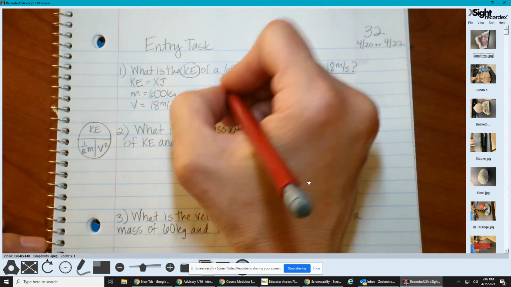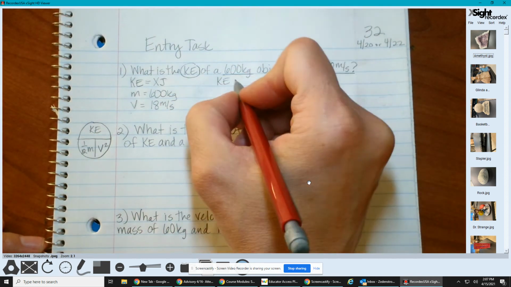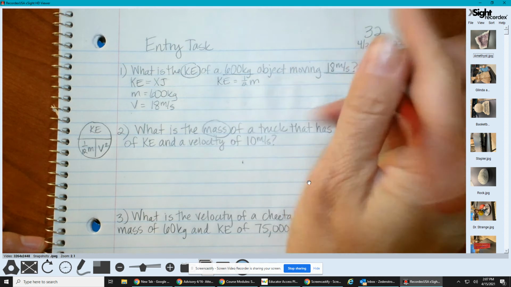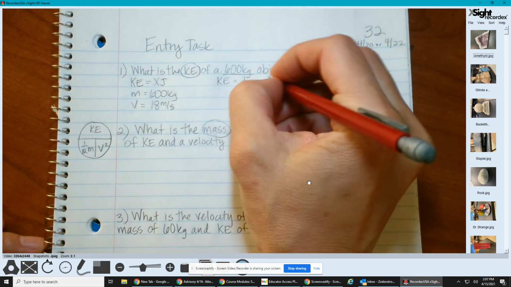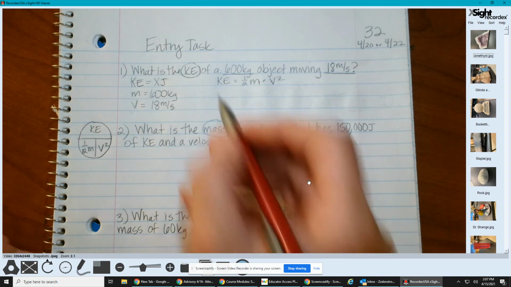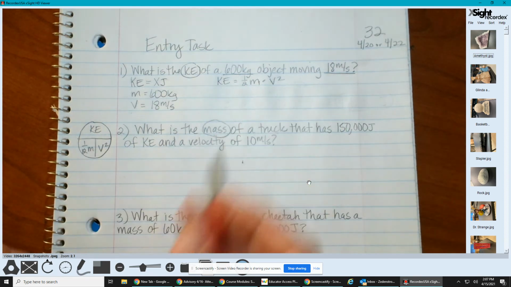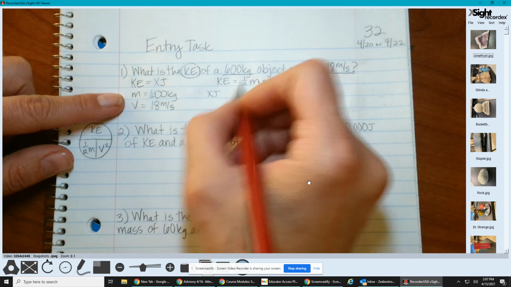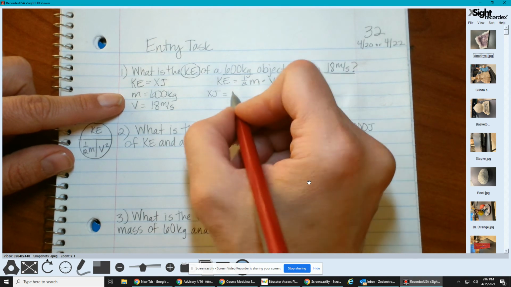So my equation will be kinetic energy equals 1/2 of the mass times the velocity squared. With that said, I can just go ahead and plug everything into that. So my KE is X joules equals 1/2.